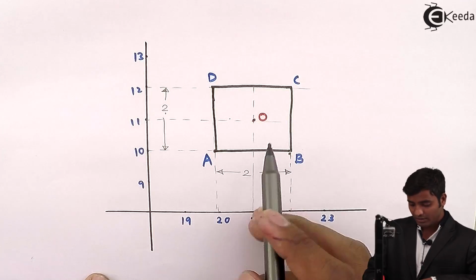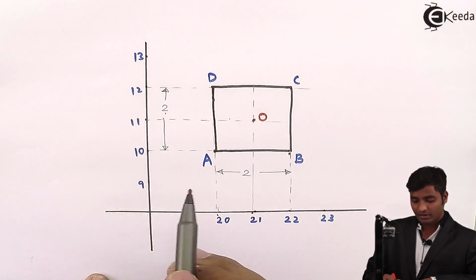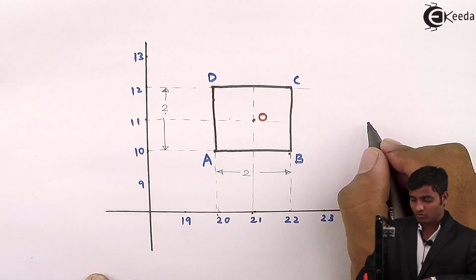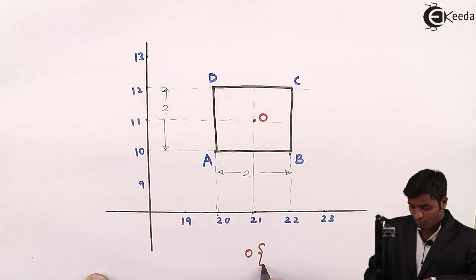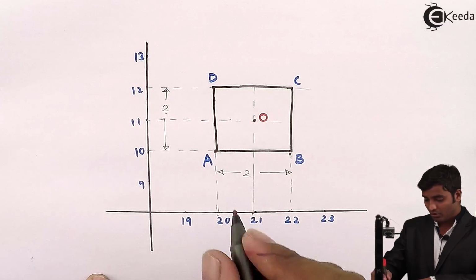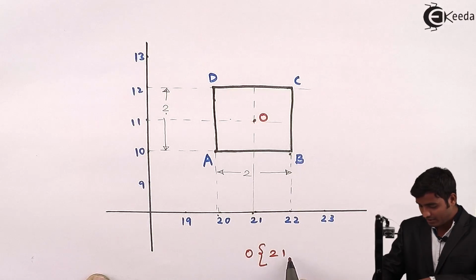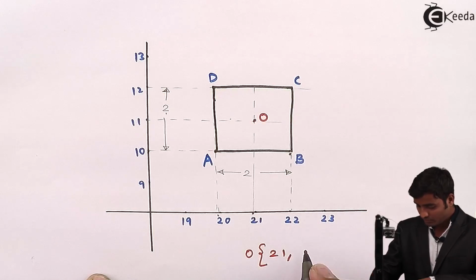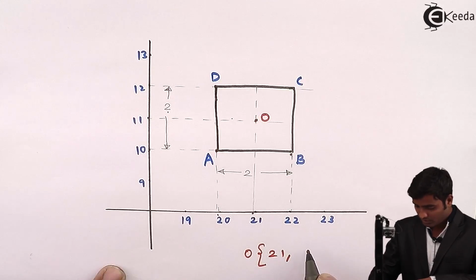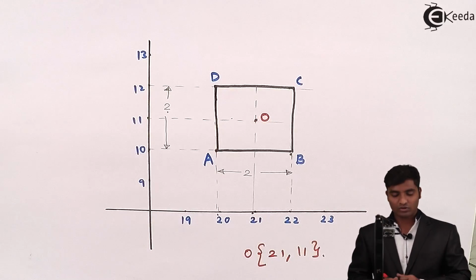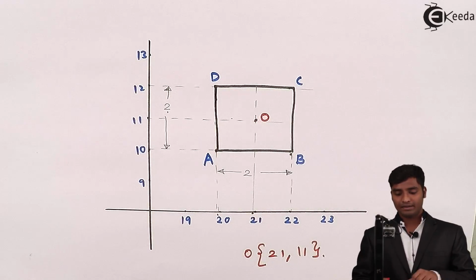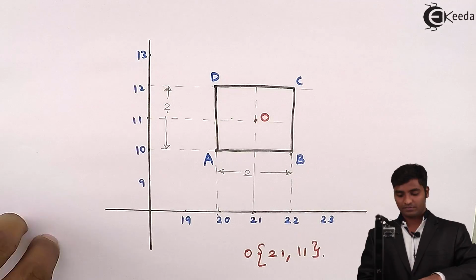Half of 2 is 1, so 20 plus 1 is 21, and similarly 10 plus 1 is 11. So the coordinate of O, that is the origin of the square, is 21, 11. Now we have the coordinates of the origin.